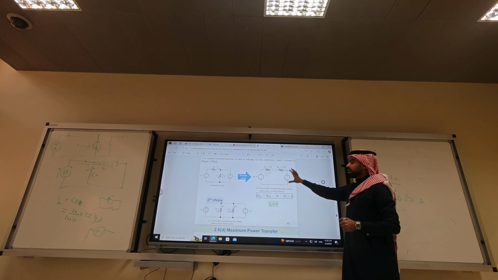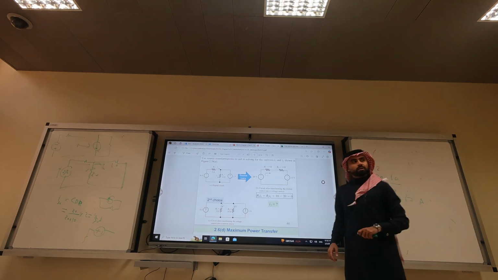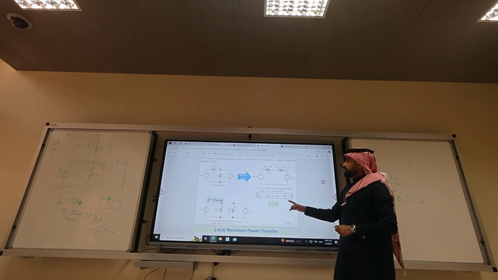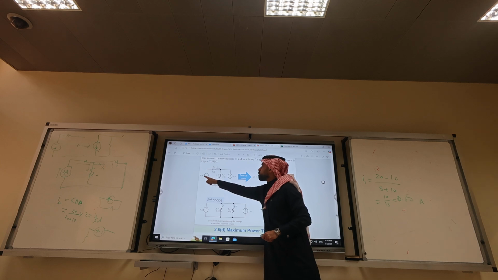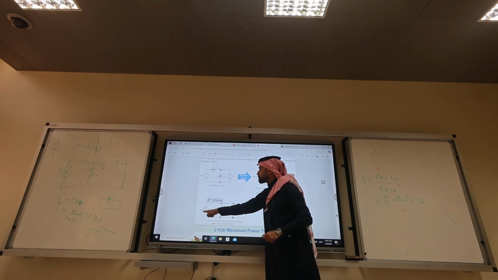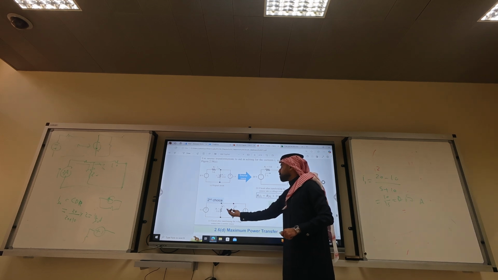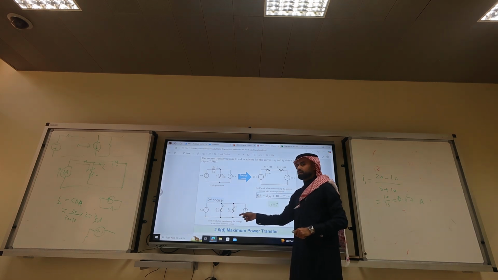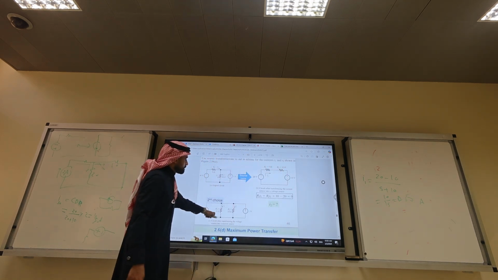You can do KVL. You can leave, but I'm going to finish this. You can also do a current transformation here. So 20 divided by 5 is 4, in parallel with 5. Then you do the parallel combination of 5 and 10. And then the two currents, 1 and 4, make 5.